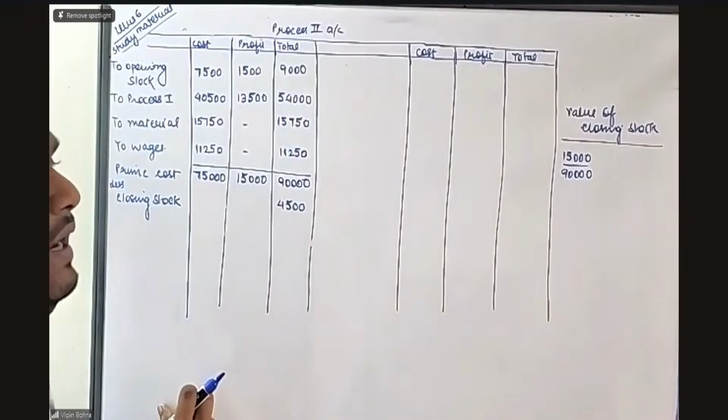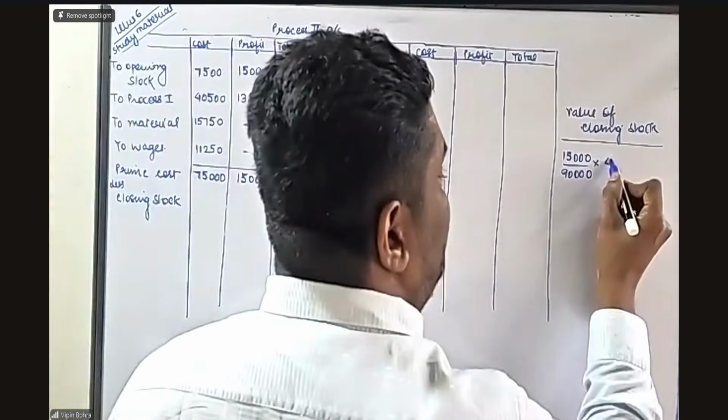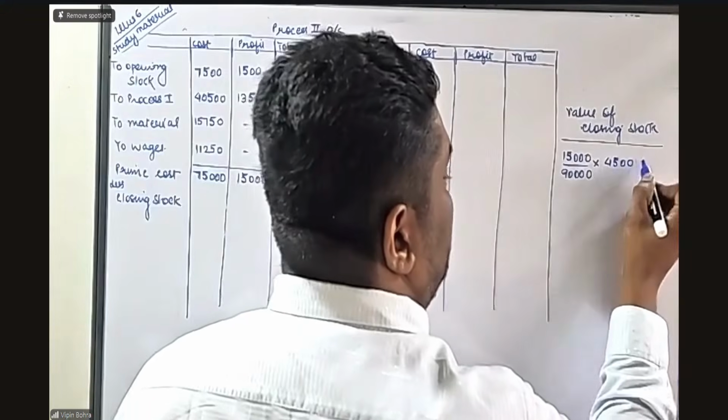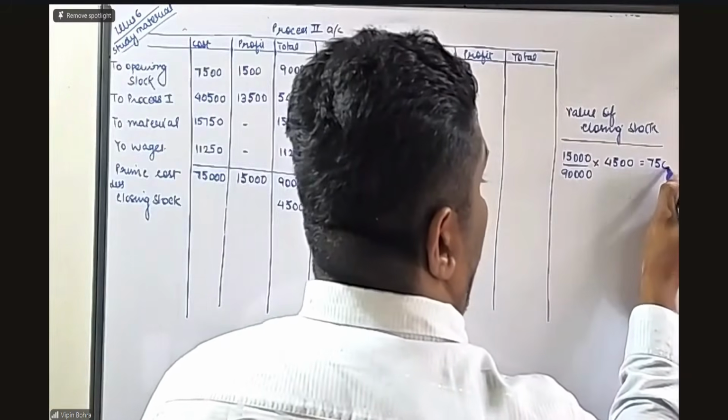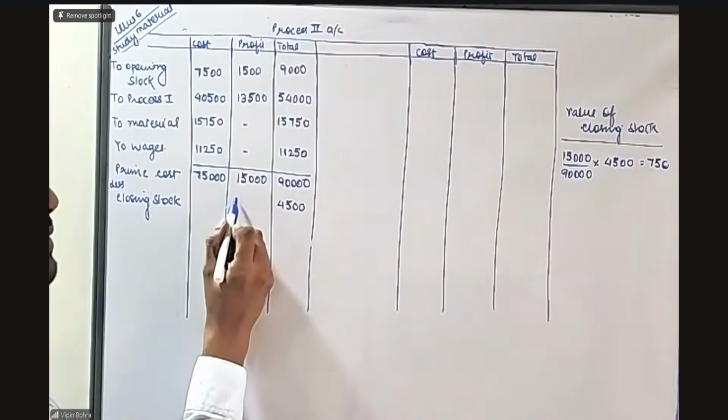So how much would be the profit on 4,500? 750 rupees.